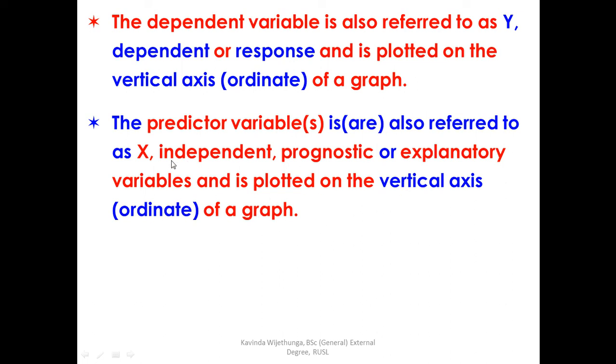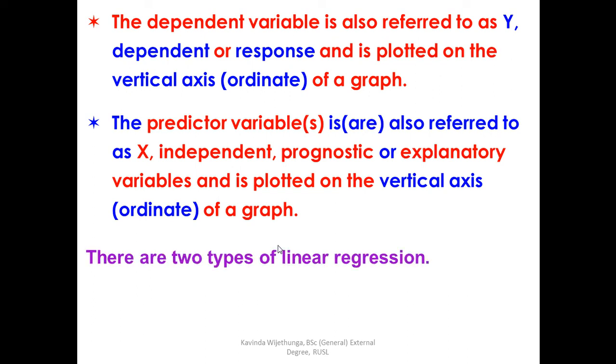So you need to be familiar with these terms. Independent variable is also called prognostic or explanatory variable.